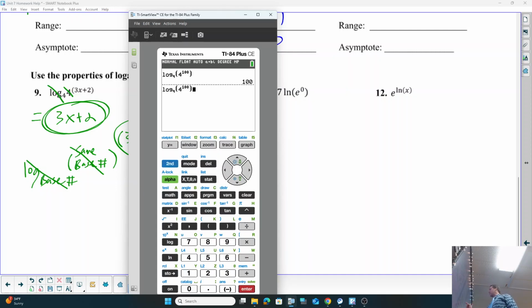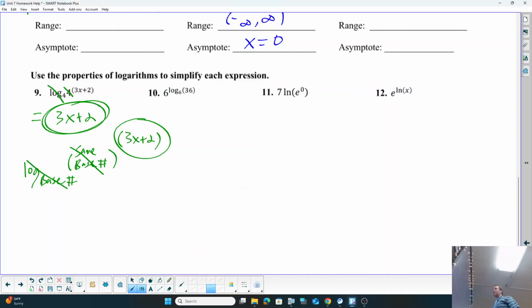So another example, it doesn't matter which number it is. It could be 12, and then you have 12 to some number. All it does is get rid of the base, and you're just left with the exponent. Same with number 6, but number 6 is the other way around. So base 6 gets rid of log base 6.